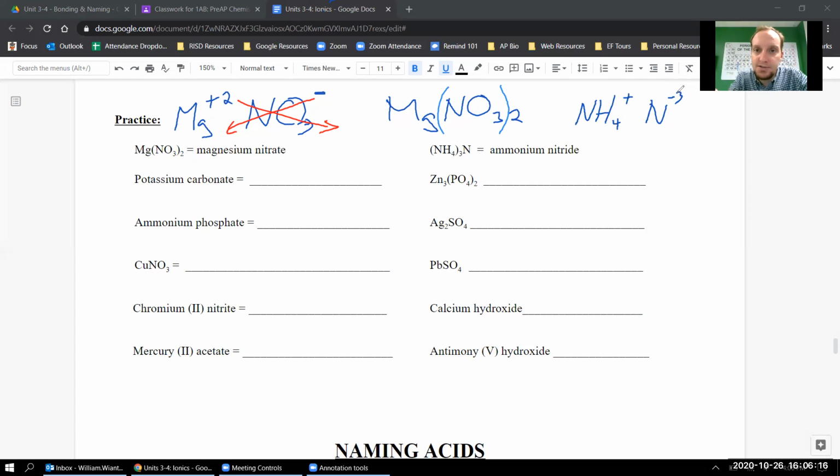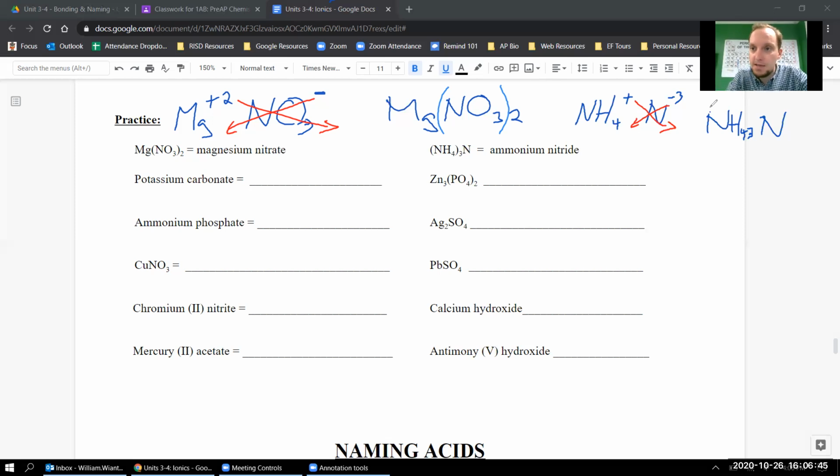Using my crisscross, I would cross that down there, that down there. So what that means is I would have to write (NH4)3N. Again, that looks really confusing, because we don't want to say NH43N, since there's no possible chance that we could have 2 nitrogens and 43 hydrogens.